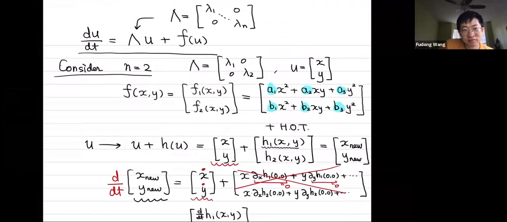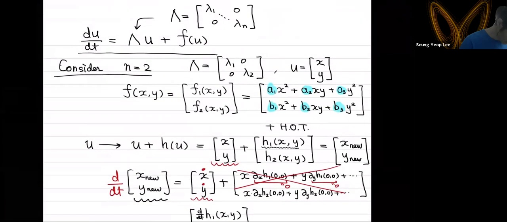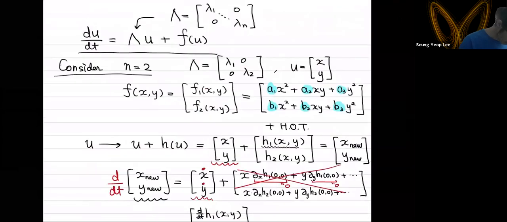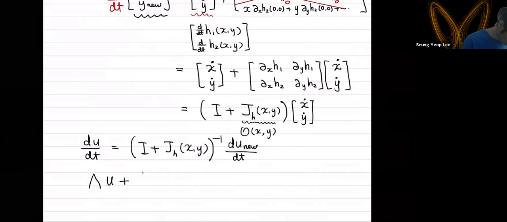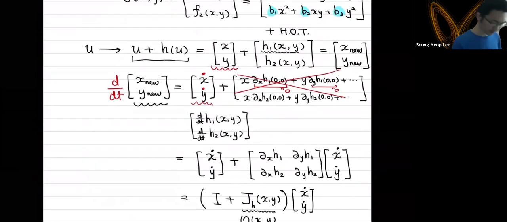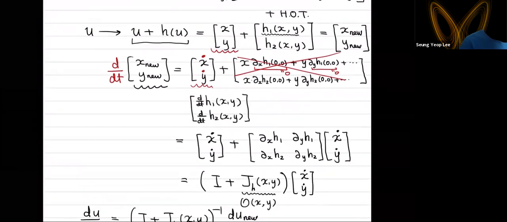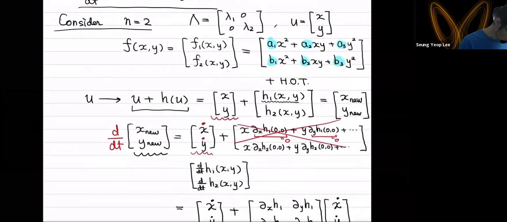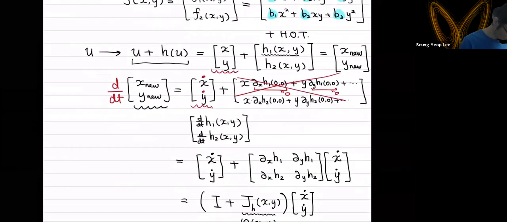Now I want to change the right-hand side: Lambda u nu plus f of u. So this becomes u nu minus h of u.